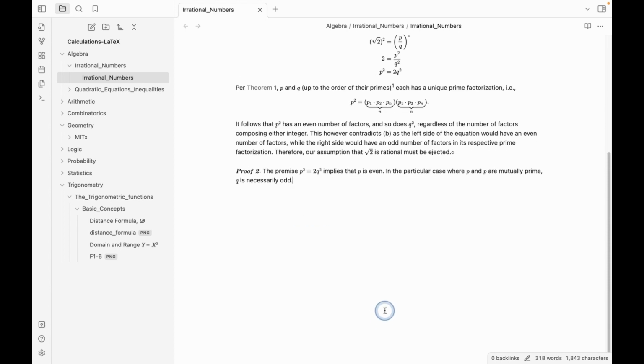Moreover, the square of an even number is divisible by 4. Well, this is the second implicit condition that we're going to take for granted.